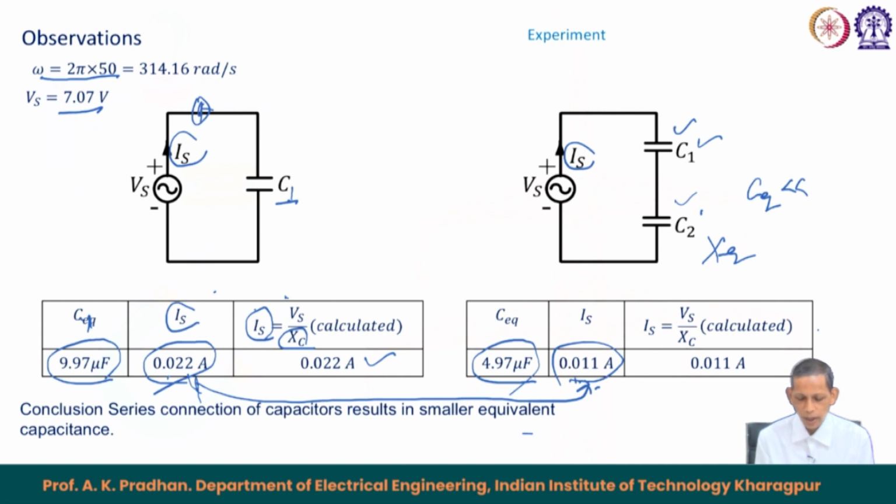We also calculated Is by substituting the values and it comes out to be 0.011 ampere. So with C1 equal to C2, the equivalent C happens to be C1 by 2, as noticed from the current reduction by a factor of 2.